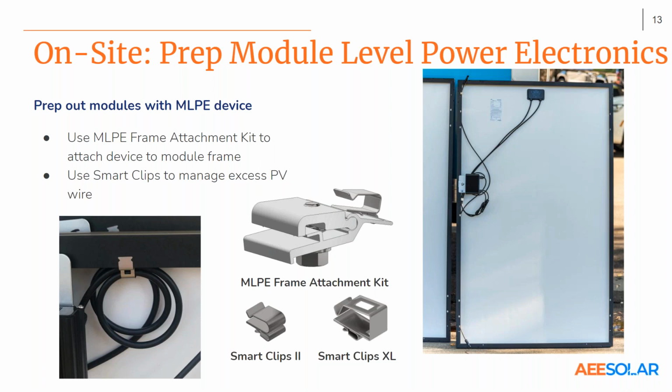Using smart clips and MLPE frame attachments, you're essentially attaching everything to the module frame, the microinverter or optimizer if you're doing that sort of system, and then clipping the cables into the module frame. So you're essentially using that module frame as its own wire management channel, and you can manage your leads, as you can see in this photo, to be at each end of the module as you're planning out your array. Then once you get up on the roof, you're just plugging in left and right.